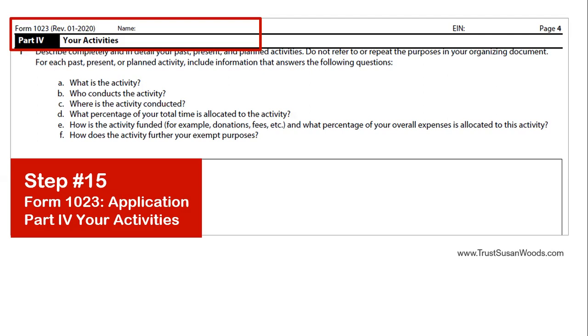The planned activity section should be longer than the other 2 activity sections because you want to spell out exactly what you plan to do if you get 501c3 status. So that's the general layout of this section.